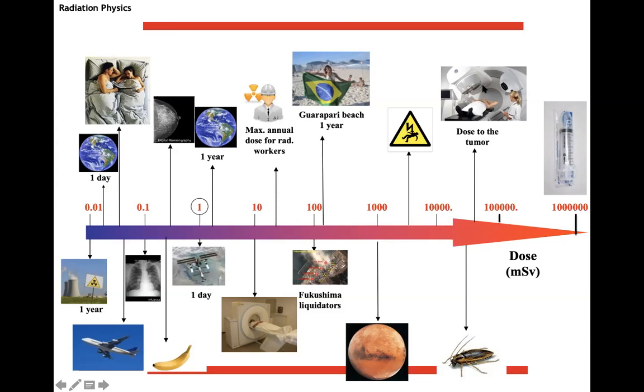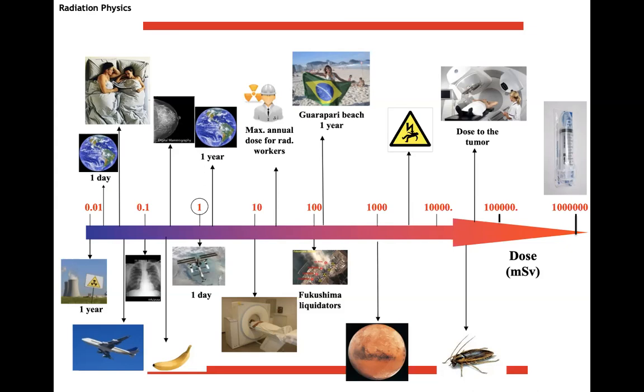But the trick, and the work of the medical physicist, is that you want to give a very high dose to the tumor, with a small dose to the normal tissue. So you want to focalize your dose on the tumor and spare the toxicity to the normal tissue. This is the work of the medical physicist, and we will spend quite a lot of time discussing how we can do it.